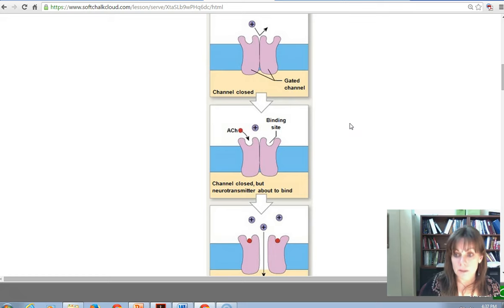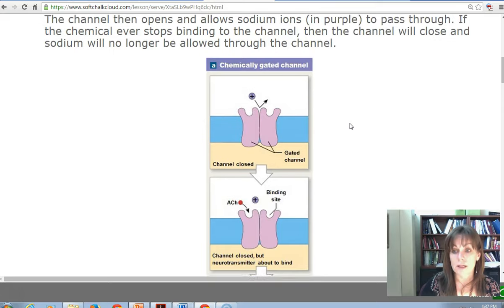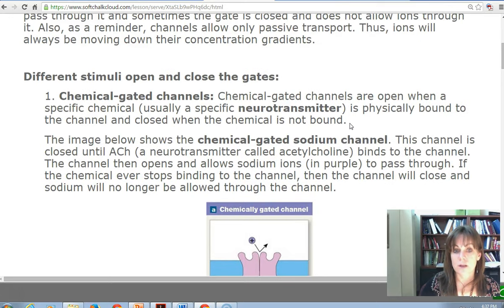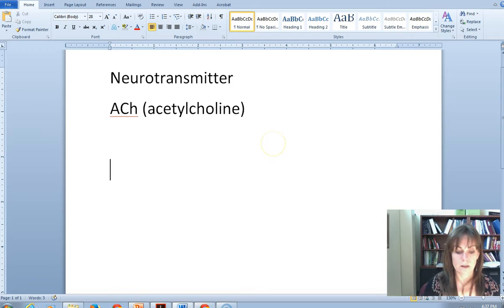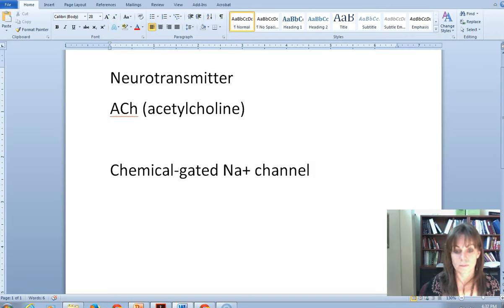Let's look at the name, because all of these clues for how it works are in the name of the channel. This one is specifically going to be called the chemical gated sodium channel. Let's break this apart. Whenever it's attached to the word gate, this is what controls the gate.